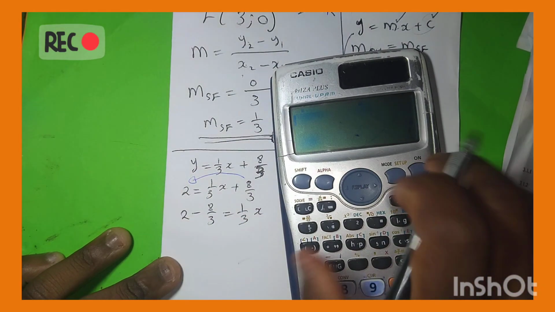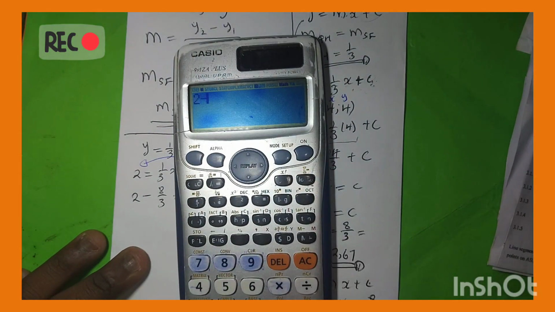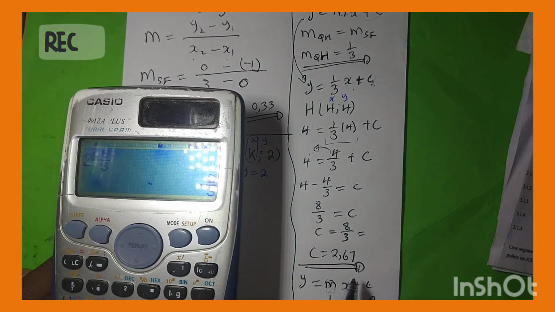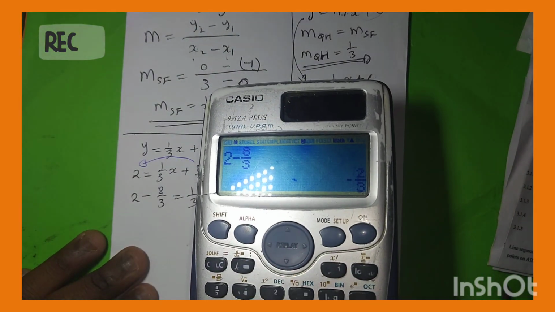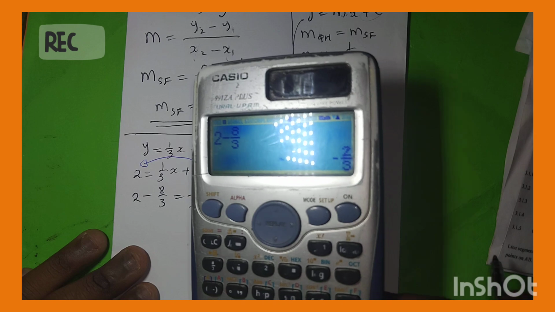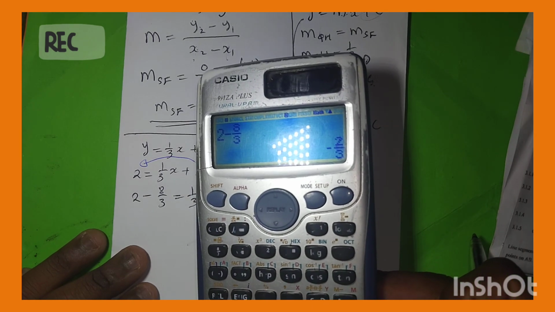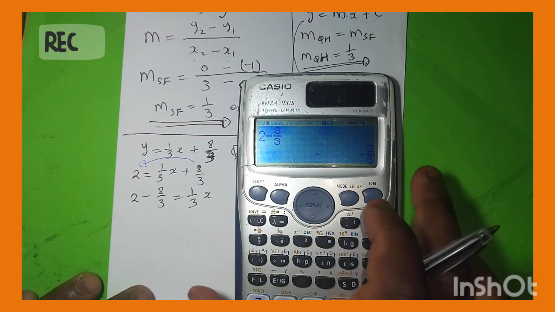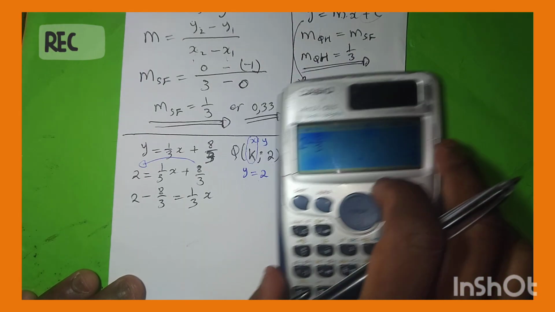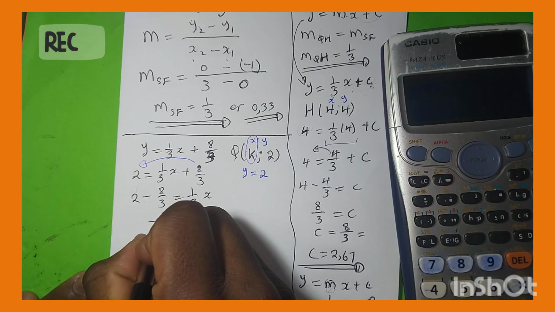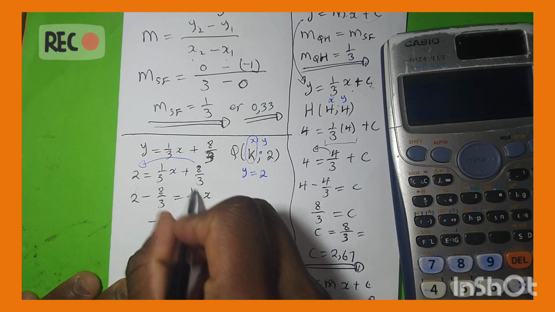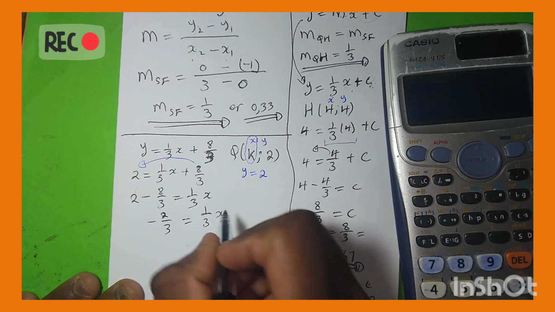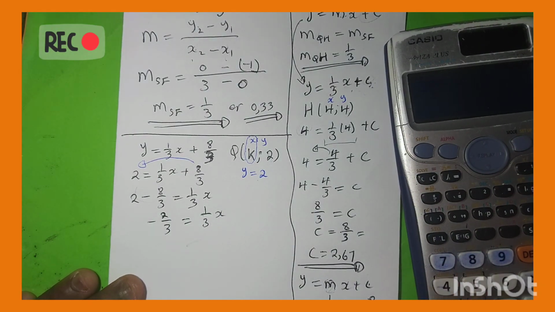Then I can use a calculator: 2 minus 8/3 gives me negative 2/3. And here we have 1/3x.